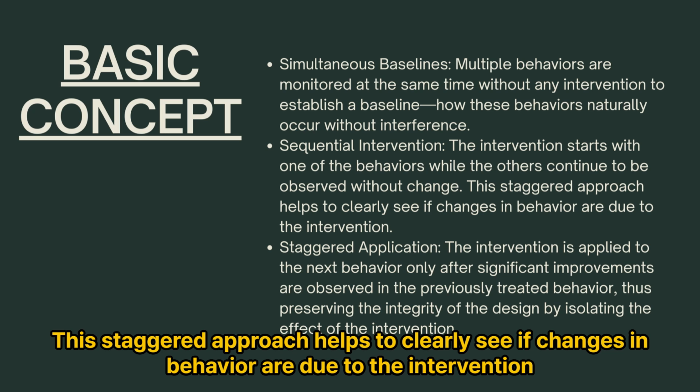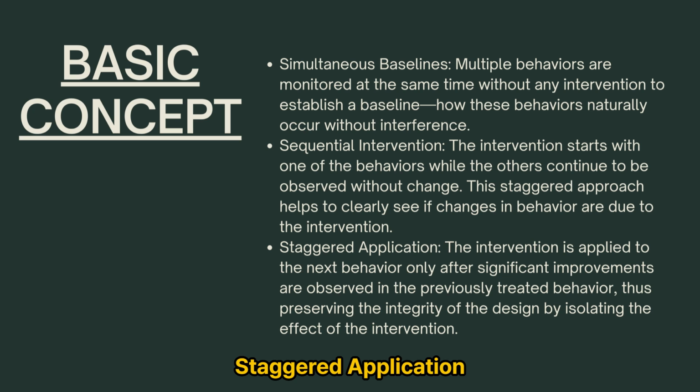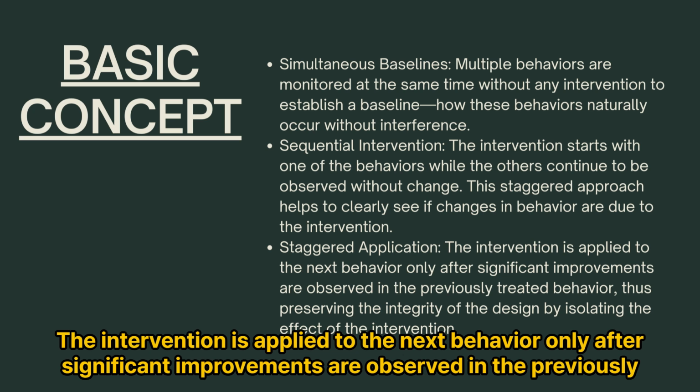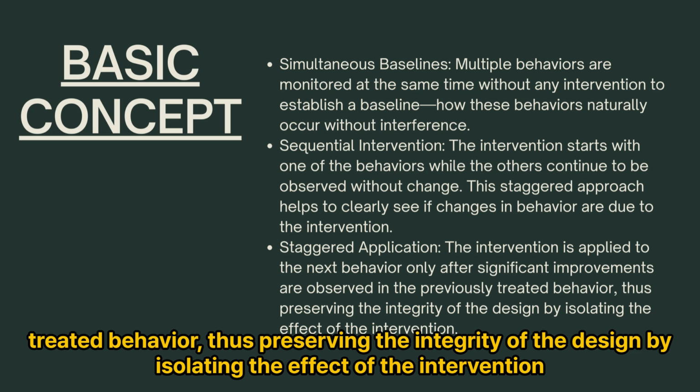This staggered approach helps to clearly see if changes in behavior are due to the intervention. Staggered application: the intervention is applied to the next behavior only after significant improvements are observed in the previously treated behavior, thus preserving the integrity of the design by isolating the effect of the intervention.